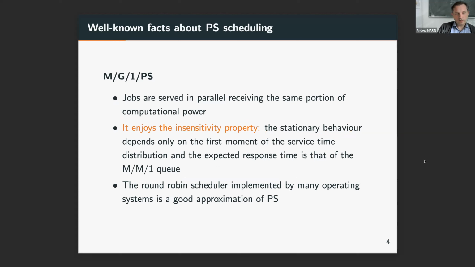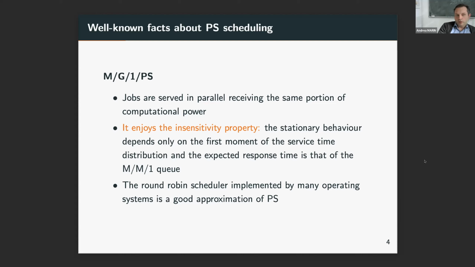The processor sharing discipline has the advantage that it enjoys the so-called insensitivity property. It means that the stationary behavior of the M/G/1 PS system is basically insensitive to all the moments of the service time distribution higher than the first. The M/G/1 PS system has exactly the same expected response time and utilization as the M/M/1 queue.